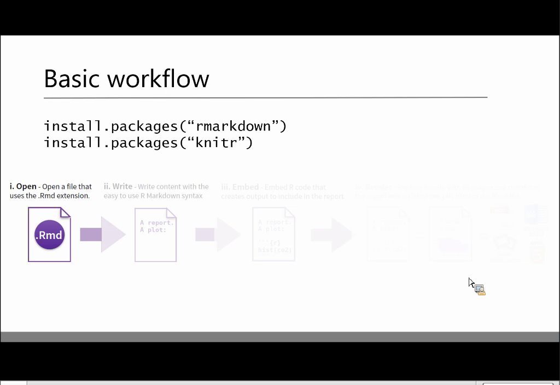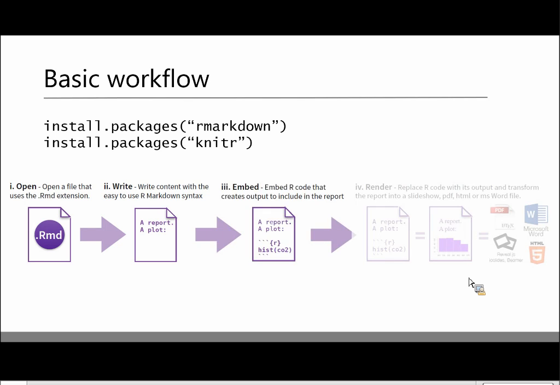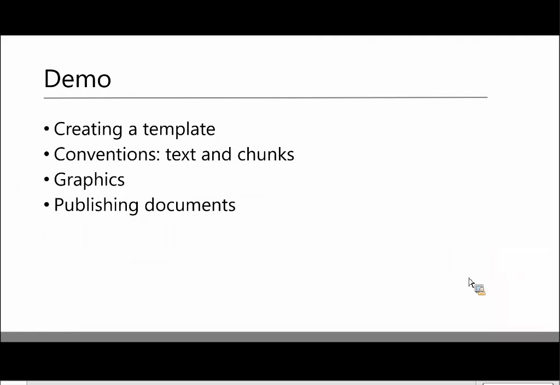The first thing you do is open a file that has this .Rmd extension, and RStudio comes with templates. Then you write your content in this Markdown syntax, embed any code that you want, and then you just render it. I've talked through these steps, and that literally is a very simple workflow for getting started.